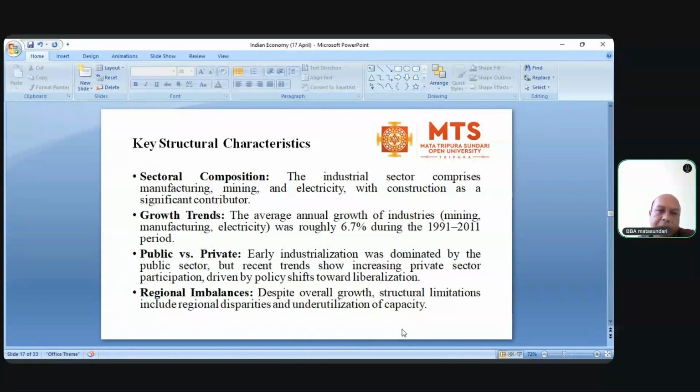Some states are more developed in industries, and in many states in India you can identify a lack of industries. In India, states like Maharashtra and Tamil Nadu are more developed in industries compared to other states like Bihar, Uttar Pradesh, and the Northeastern states. So we cannot find heavy industries in those areas.